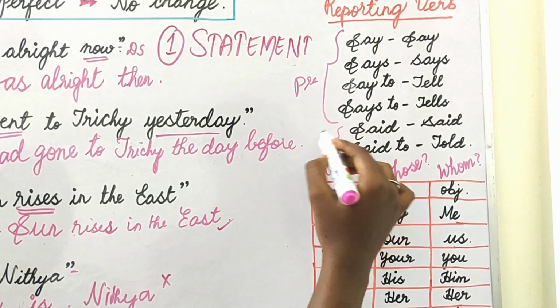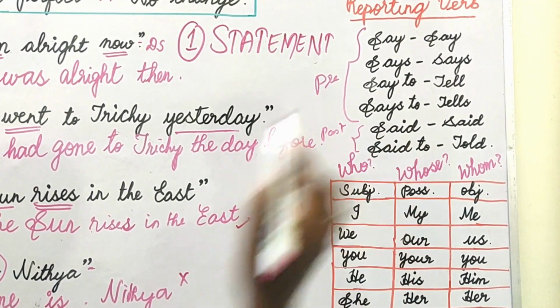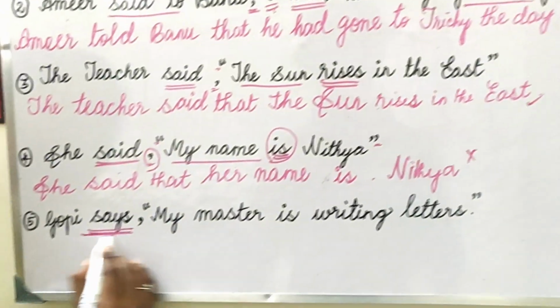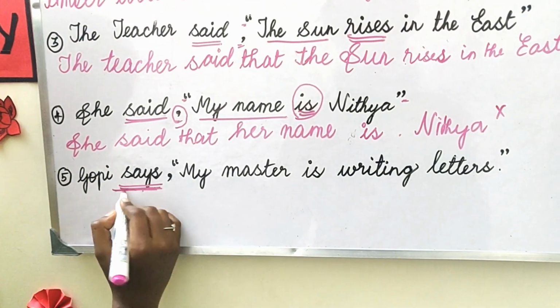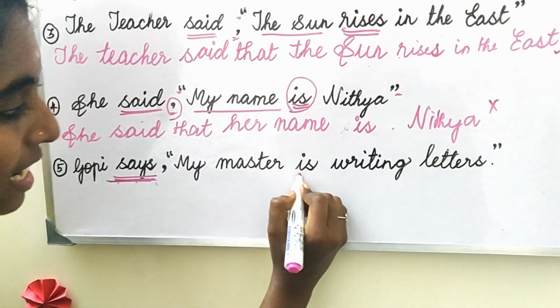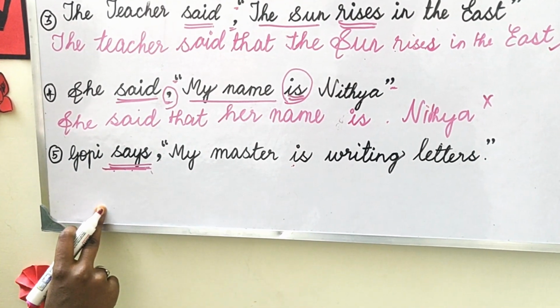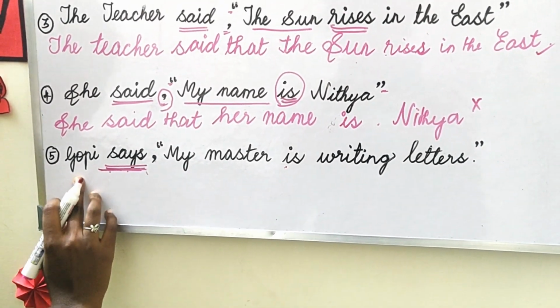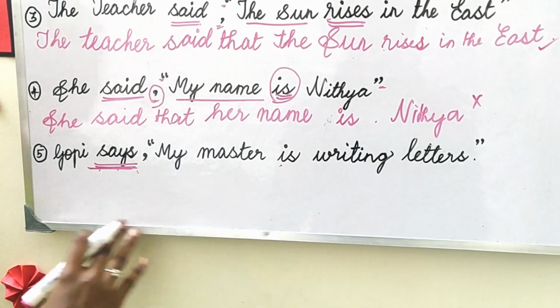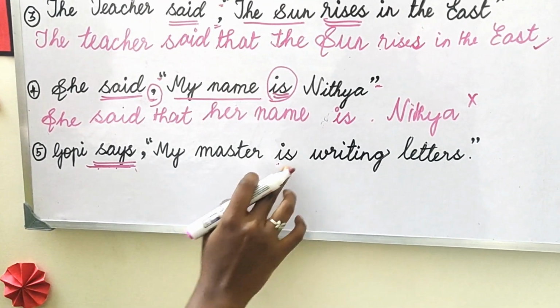The "said to" is past. So if a reporting verb is in the present tense, you should not change the tense inside. Why? Because the person is saying it at present. So you should not change the tense.